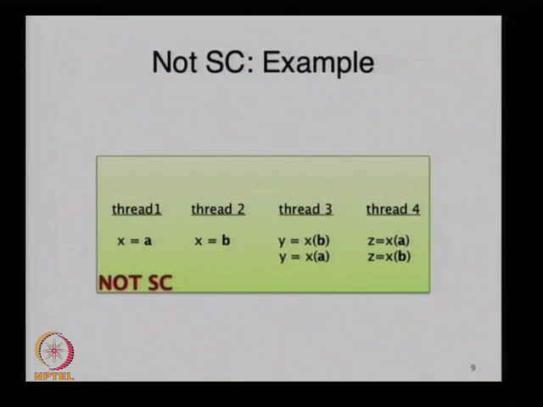So I've got 4 threads. Thread 1 writes the value A to variable x, address x. Thread 2 writes B. I don't know anything about atomic clock, global clock, right? So I don't know whether x equal to A happened first or x equal to B happened first.